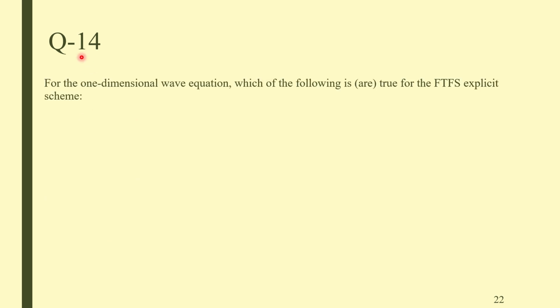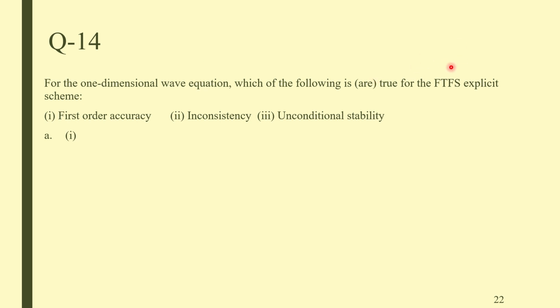In question 14, it is given that for the one-dimensional wave equation, which of the following are true for the forward time, forward space explicit scheme? First order accuracy, inconsistency, unconditional stability. So in the previous question it was forward in time, backward in space.